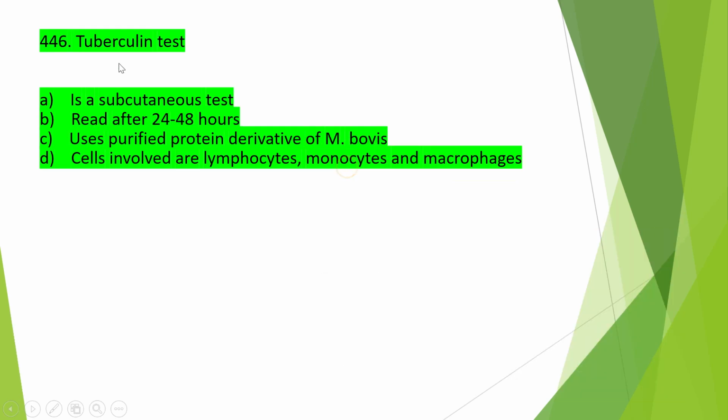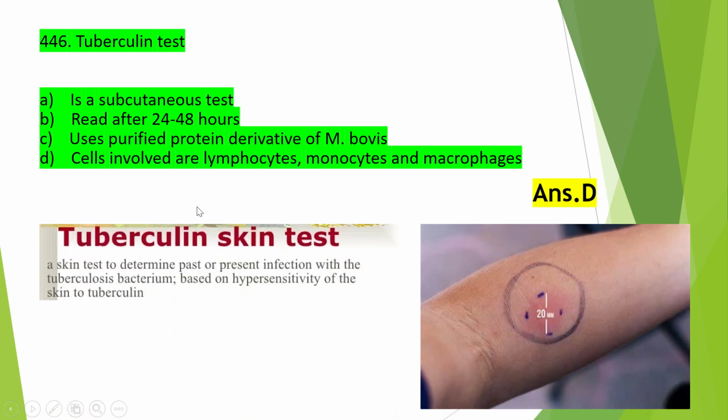So the next one is: tuberculin test is a subcutaneous test, or read after 24 to 48 hours, or uses purified protein derivative of Mycobacterium bovis, or cells involved are lymphocytes, monocytes and macrophages. The right one is option D, that is tuberculin test where cells involved are lymphocytes, monocytes and macrophages.